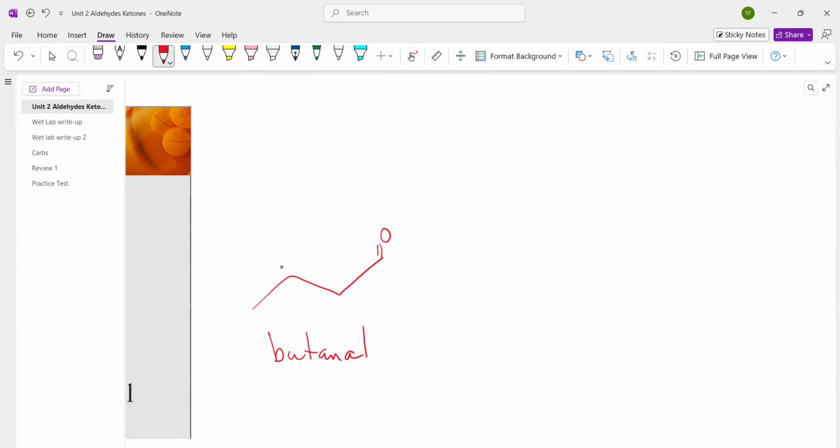Now, when you're writing these ALs versus OLs, make sure that you distinguish between the A and the O, because sometimes people's writing, like mine, for example, I'll write a sloppy A and it looks more like an O than an A. So just be careful when you're writing the endings here, the AL versus the OL. Okay, so we have an aldehyde, and let's throw in an alcohol. Let's do ethanol.